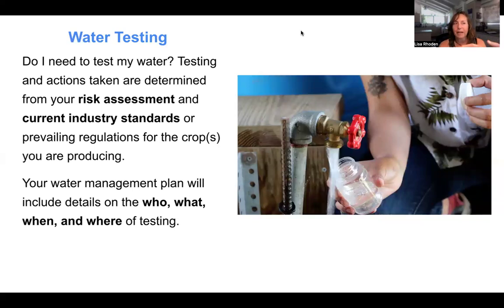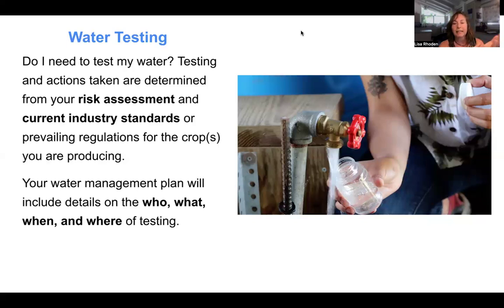A lot will depend on what your procedure is with respect to both irrigating your crop and also your post-harvest tasks. If you have municipal water and you're using that for post-harvest tasks, you're not going to need to worry about testing that. Those tests are done by the municipality, by the county, and we can access that water quality information. Your irrigation water, though, is often not municipal in nature.